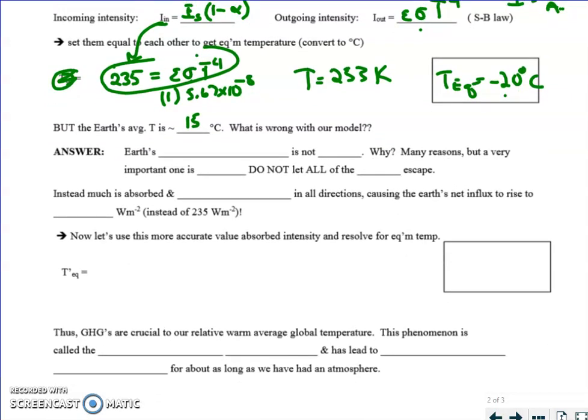All right, so get back to the problem. If this simple model predicts a frozen Earth, yet we know our Earth is much warmer, what's wrong? Okay, and so what are we ignoring? Well, the answer is the Earth's emissivity is not 1. In other words, the Earth is not a perfect black body.